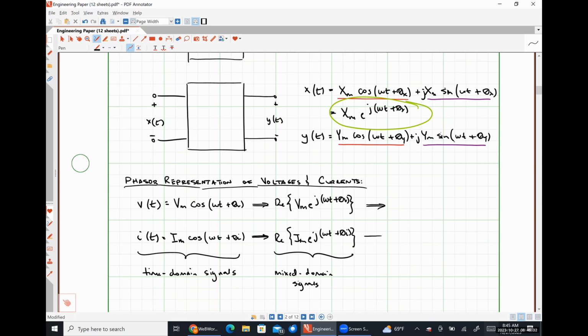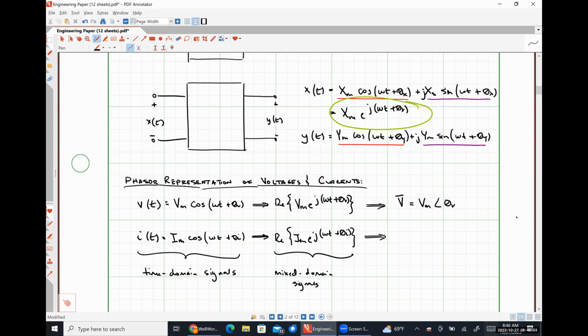Our last representation we're going to do, and this is what electrical engineers invented, is what's called a phasor. A phasor is just a way to represent this signal as a complex number. So my voltage phasor is simply going to be the magnitude of my voltage with a phase angle of the phase angle of my voltage.